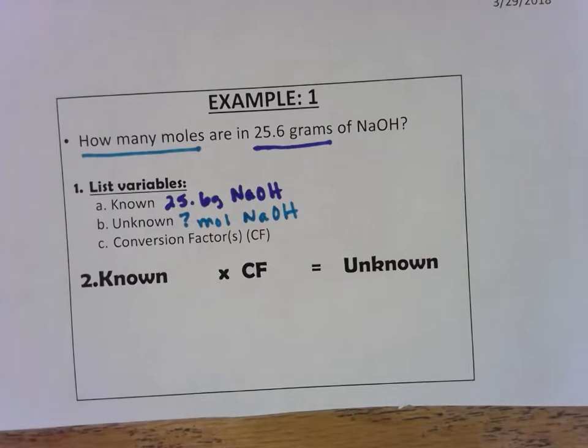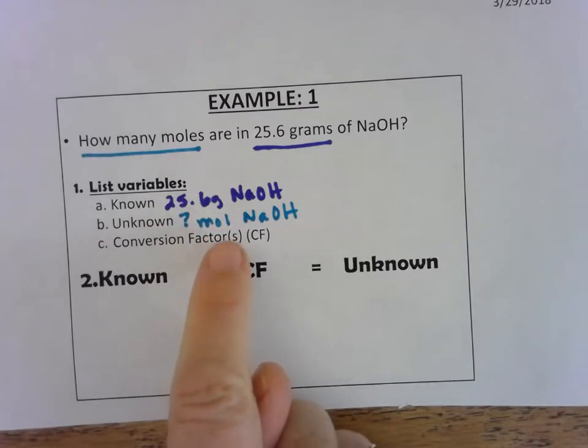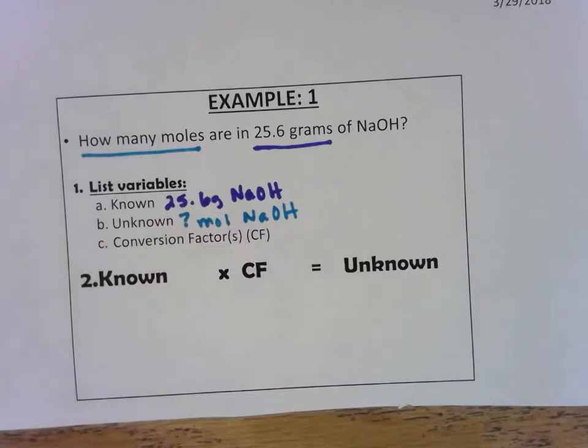The last part is the conversion factors. And you want to pay attention to your units here first. So we're going from grams into moles, and you can use either one of our resources to figure out what to use. Let's start with the mole island.